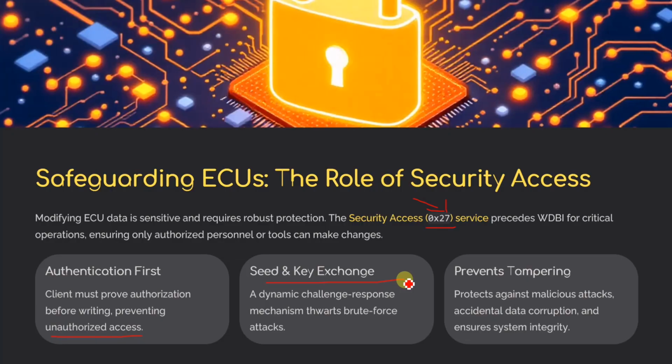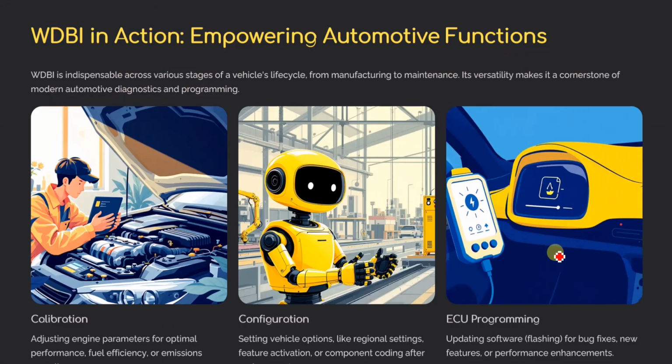If it matches, the server unlocks for writing. We will see this in the security access UDS session. It prevents tampering, protects against malicious attacks and accidental data corruption, and ensures system integrity.